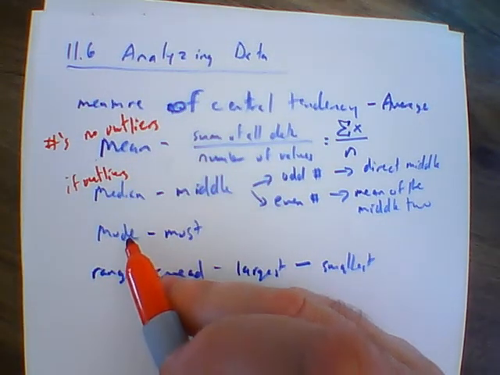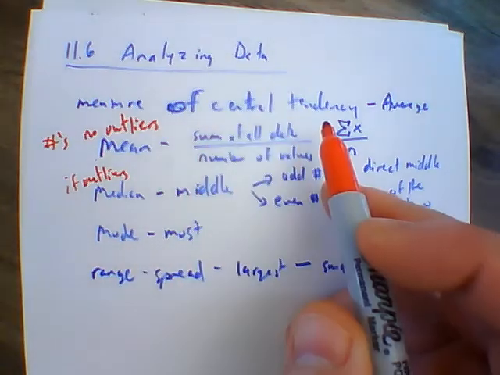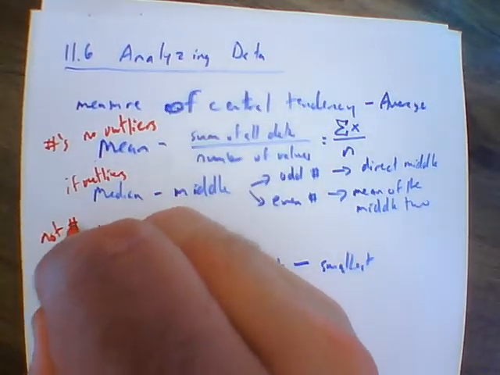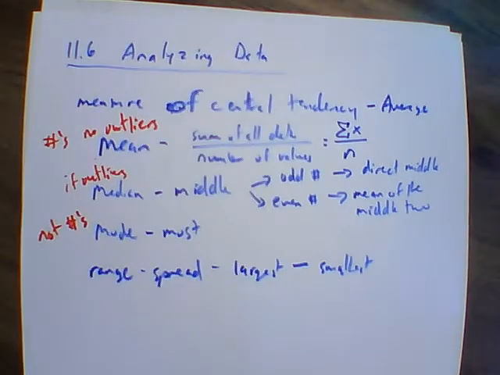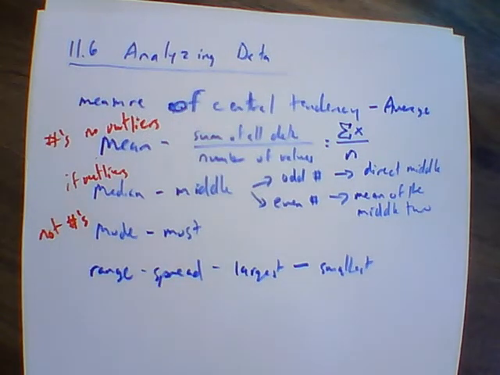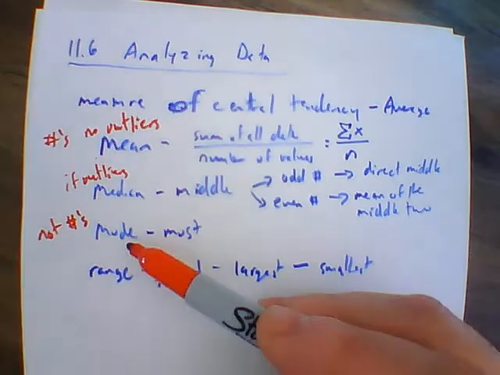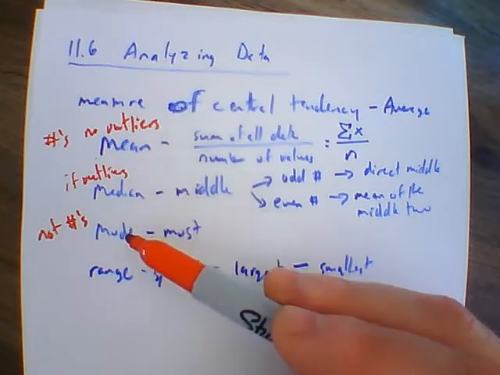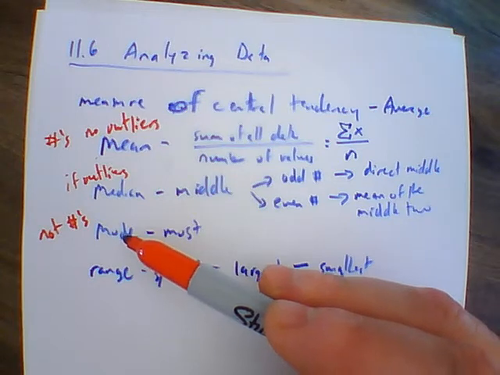The mode is never used for central tendency unless we're dealing with something that's not numbers. For instance, eye color. If we want to figure out what's the center eye color in a class, well, then we have to go by mode, because how do we distinguish a color to numbers? Once again, the mean and median deal with numbers. The mode generally deals with not numbers, if we're going to use it.